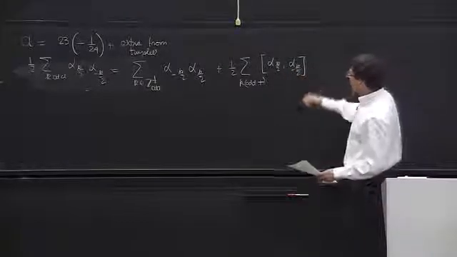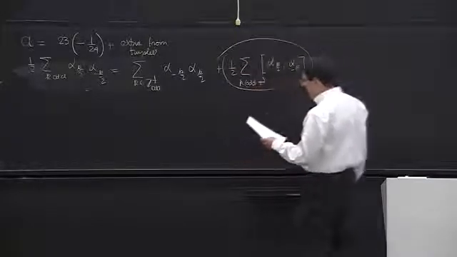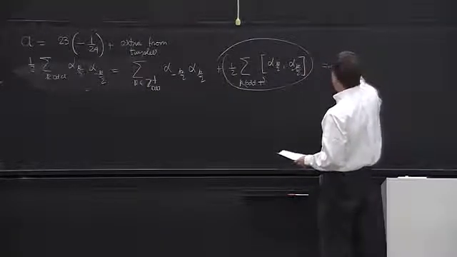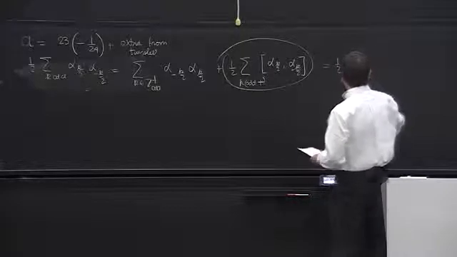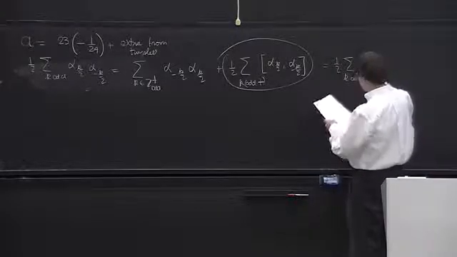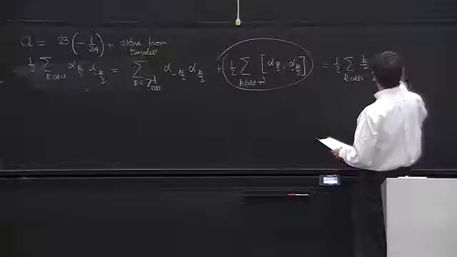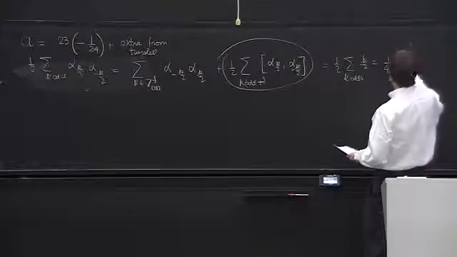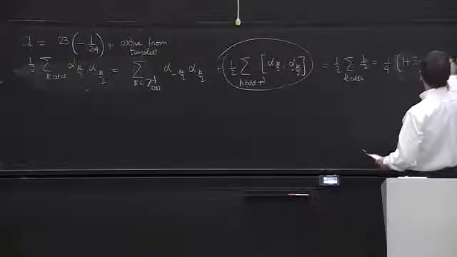So this thing is the constant that we're going to get. And how much is this constant? This is equal to 1/2 the sum over k odds of k over 2. So it's 1/4 of the sum of 1 plus 3 plus 5 plus 7 plus.